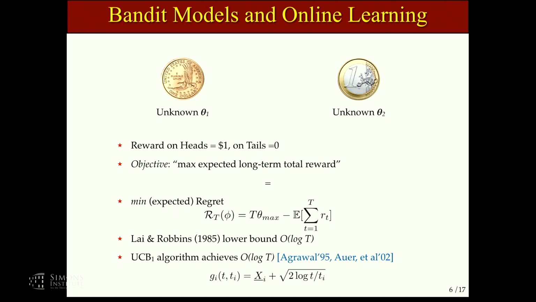A very rough intuition is that this is an upper confidence bound on your estimate of the unknown parameter. At every instant, you pick the coin that has the highest upper confidence bound, which is independent of what the distribution is like. So in that sense, it is taking an optimistic decision.